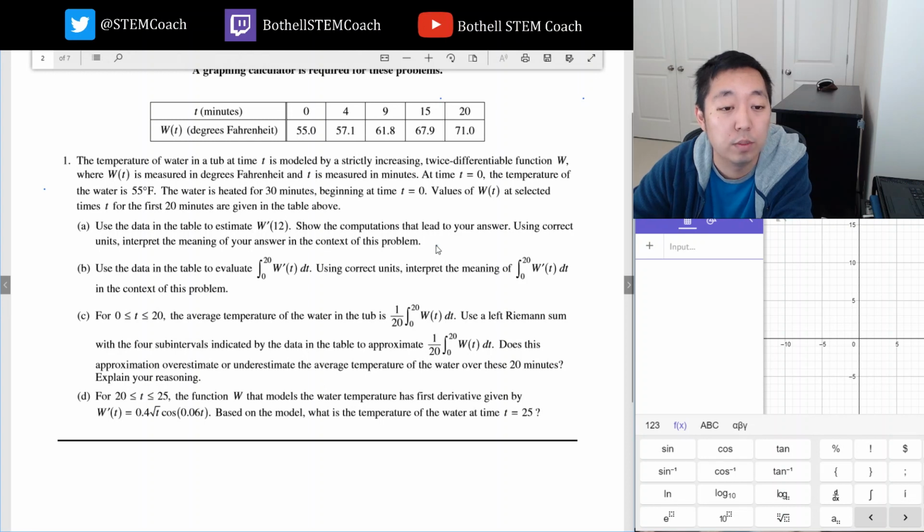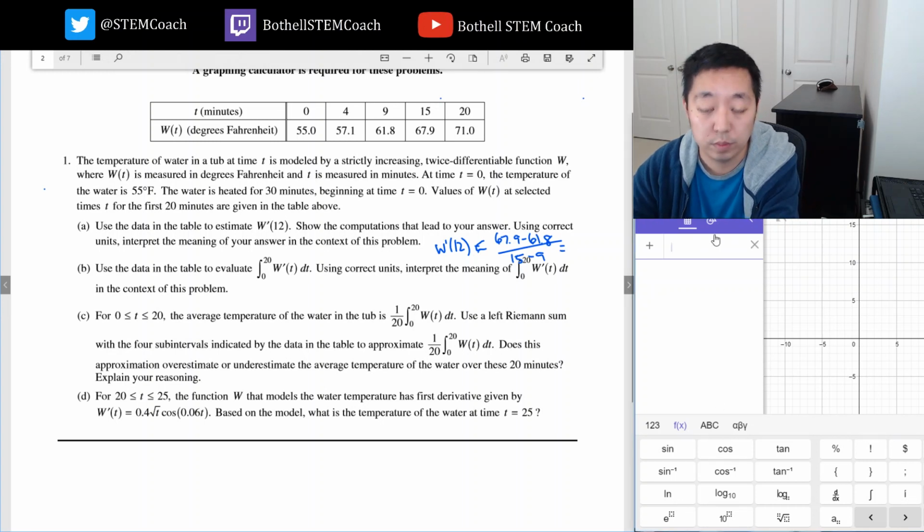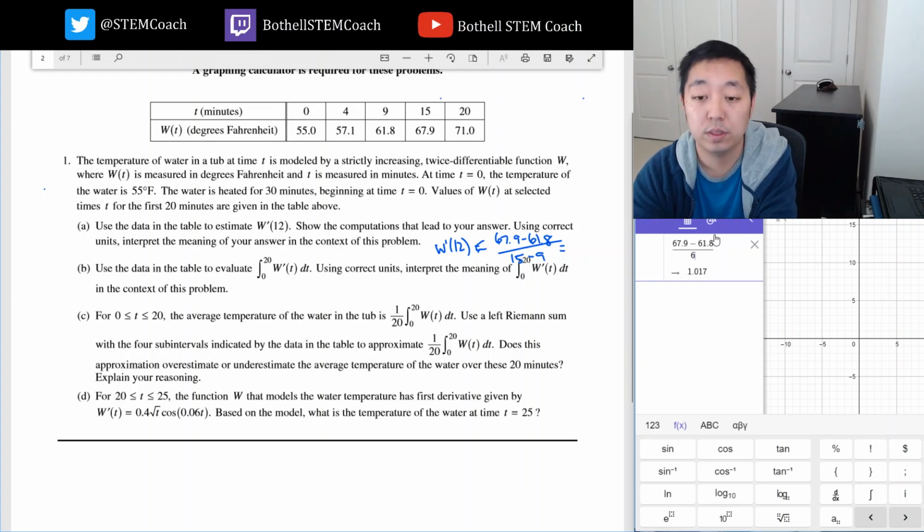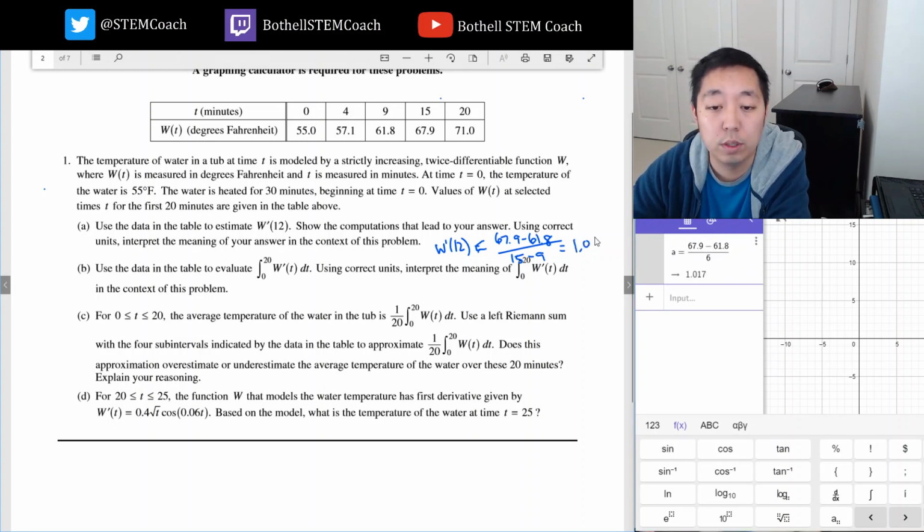So the slope is approximately 67.9 minus 61.8 divided by 15 minus 9, which is 6.1 divided by 6. So that's 1.017, and the units here are degrees Fahrenheit per minute.